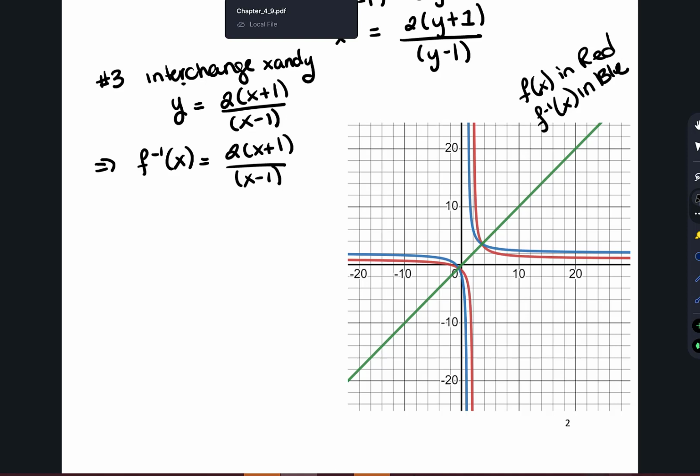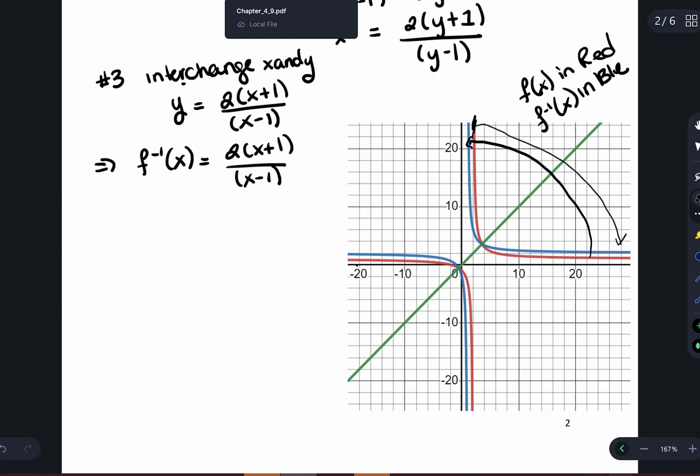Looking at the red line, which is our function, we can imagine if we were to take this and fold it over top of the green line, we would find that this corner here moves over to the blue, and this part of the red line would move up to where this blue is.